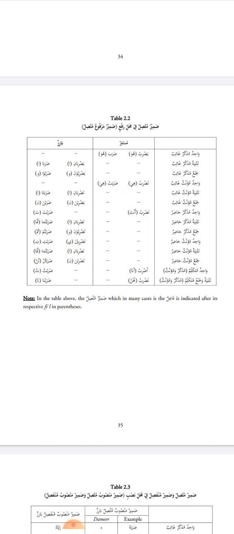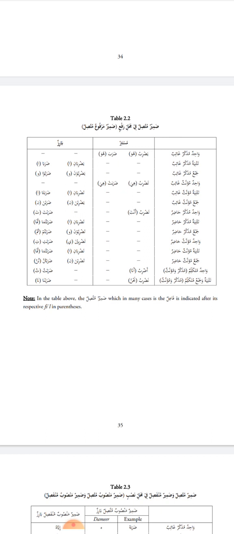Then in the second line you will say he. You won't mention Zaid over and over again in every line, but you will use a pronoun which refers back to Zaid, and that is he. He is an alim, he is a hafiz, he can speak Arabic.